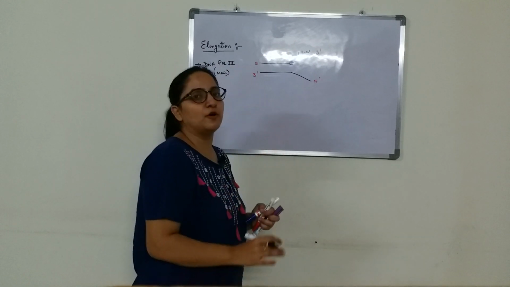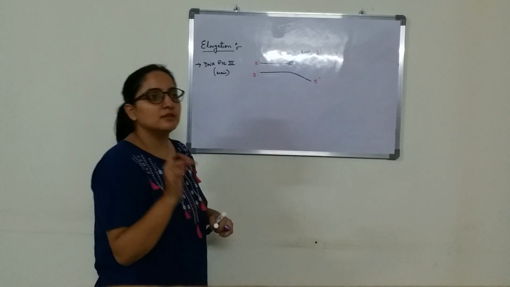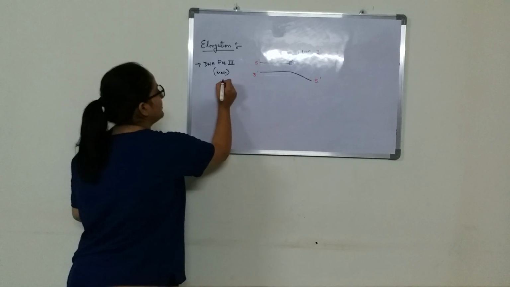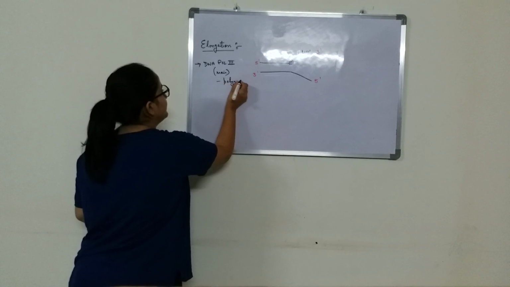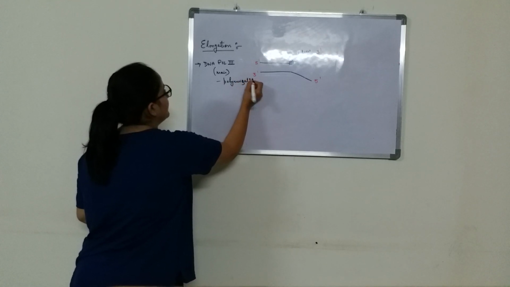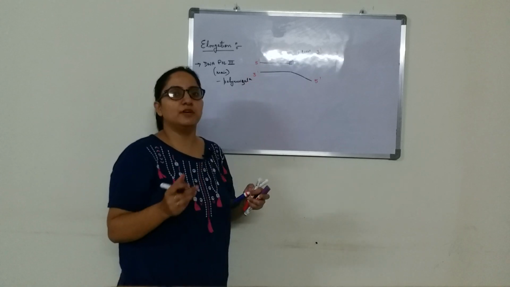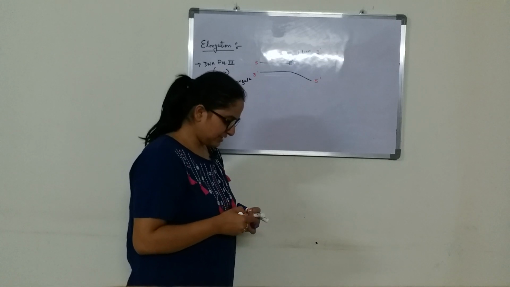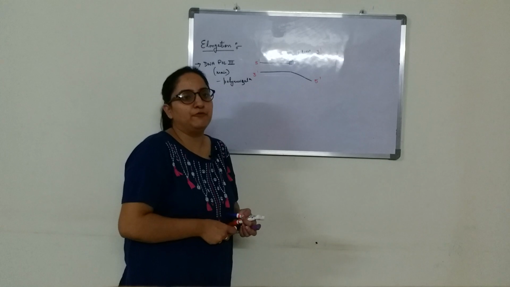DNA pol 3 is the most important enzyme because it takes part in the polymerization of the DNA strand. Polymerization, adding of new nucleotides, isn't it? If we add the new nucleotides, what will happen? A new strand will be formed.